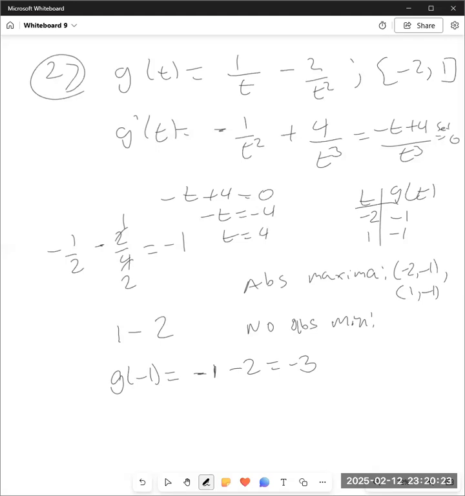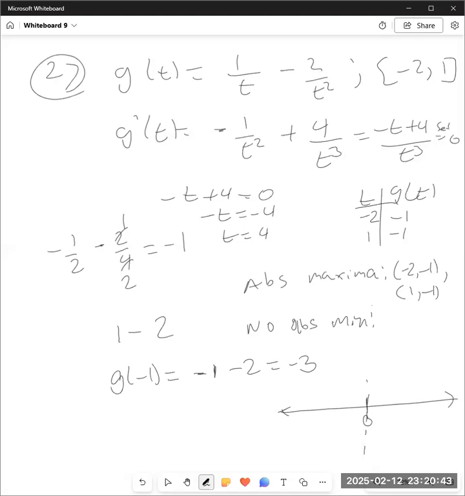So I could also find what's going on with that vertical asymptote there at 0. If I did the first derivative test, I'd see what was going on.